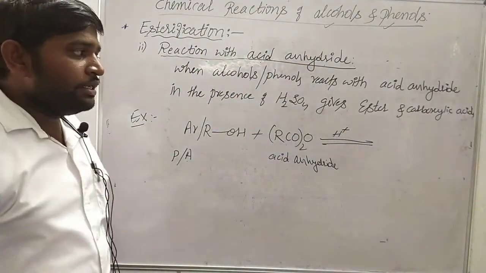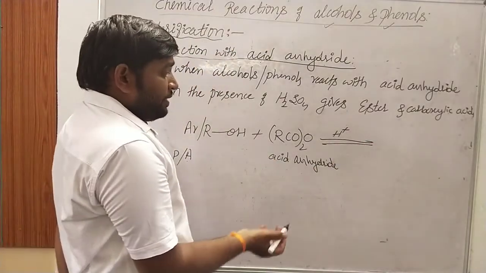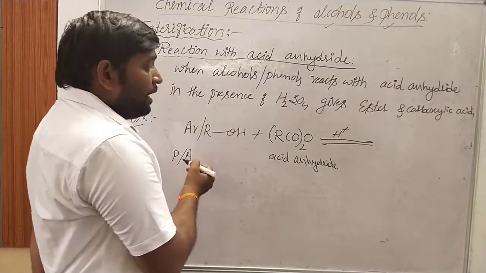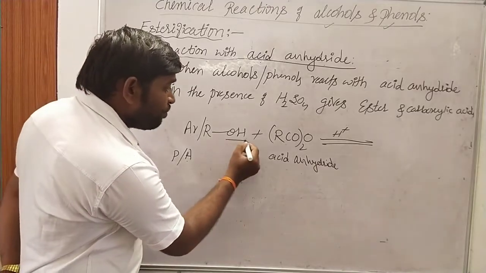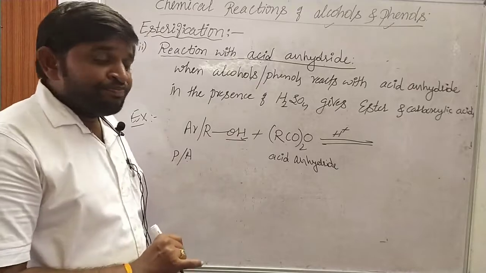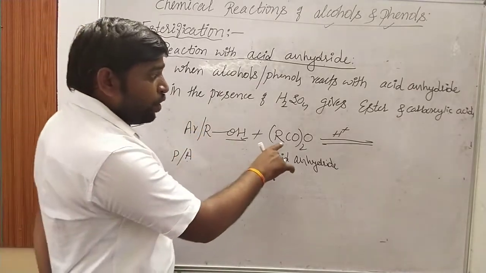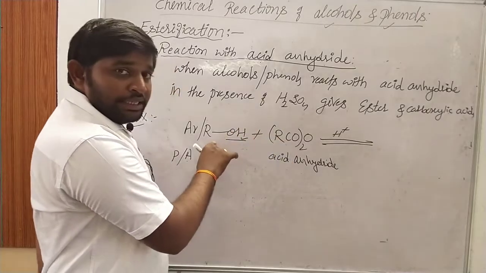We can also write acidic proton, which is nothing but acid. By the replacement of the hydrogen atom of the hydroxyl group by the acyl group, that is called acylation reaction. In this also, the addition of the acyl group takes place in the alcohol.